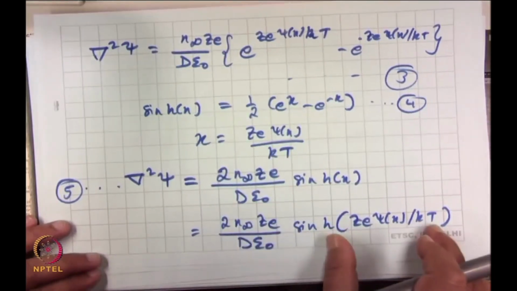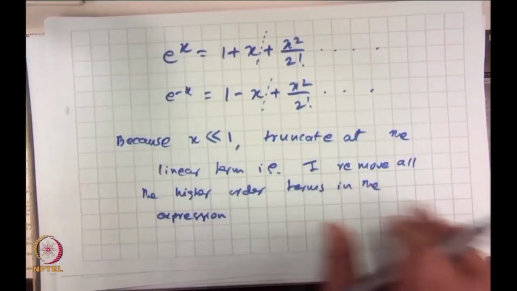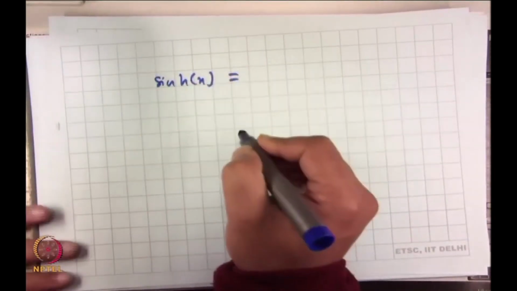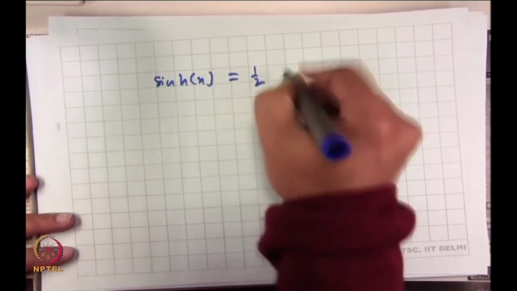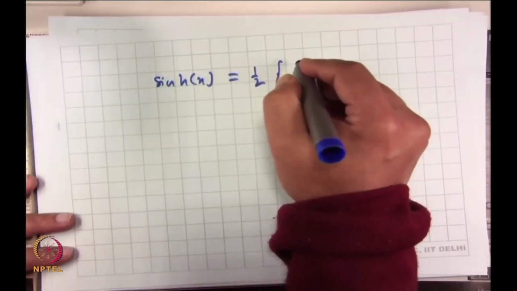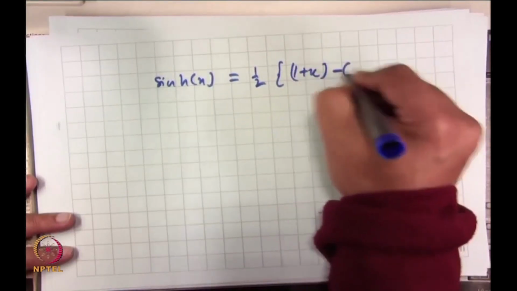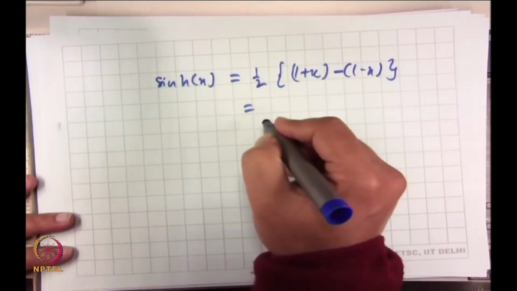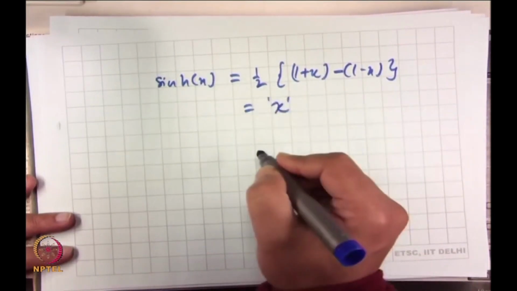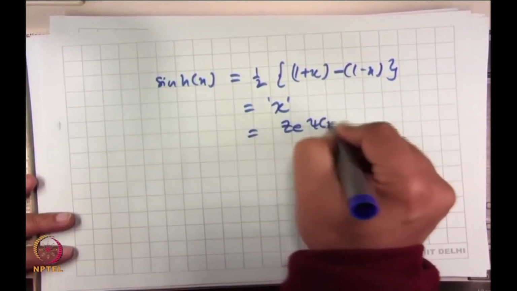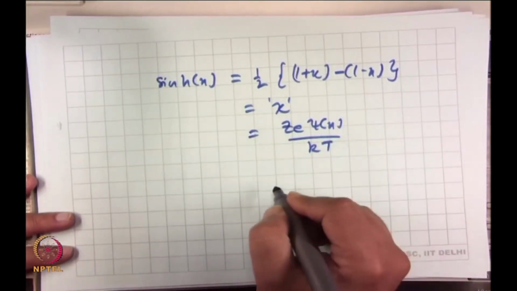I can write that sinh of x is equal to, based on our assumptions, half, the first one is what? E to the power x, which is 1 plus x. The next one is 1 minus x, excellent. So, what do we get? We get x, and this x as we had defined was Z e psi of x over k T, right.